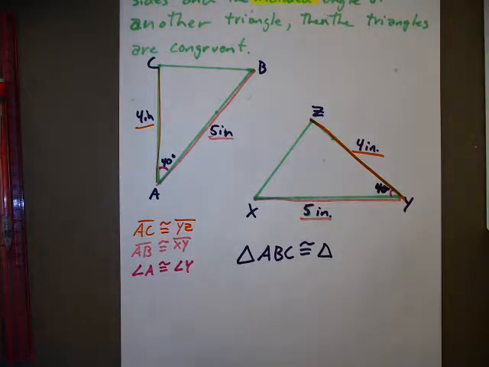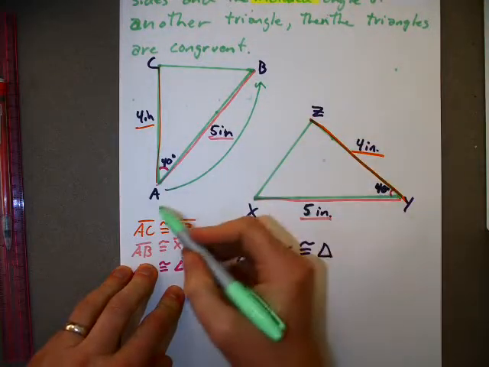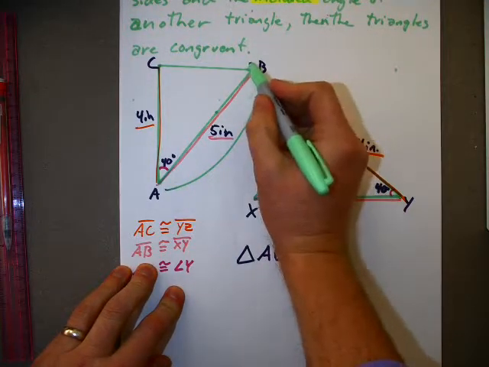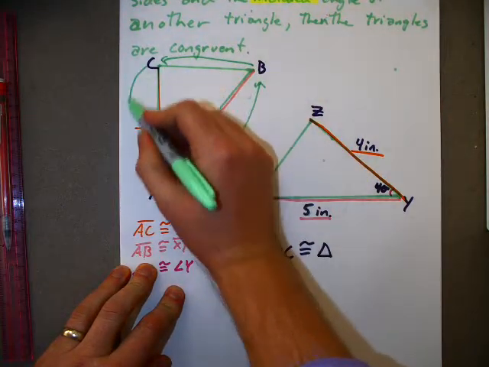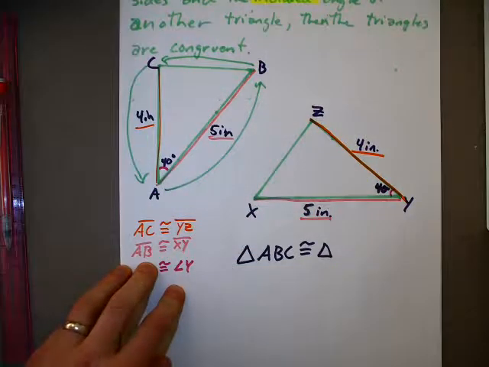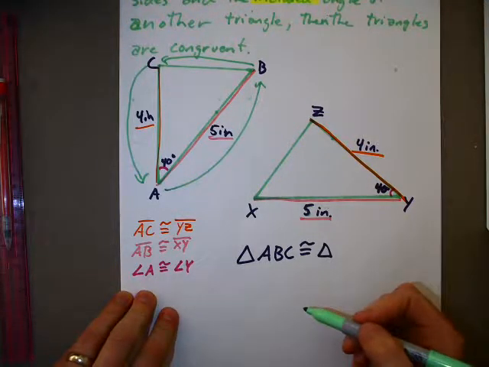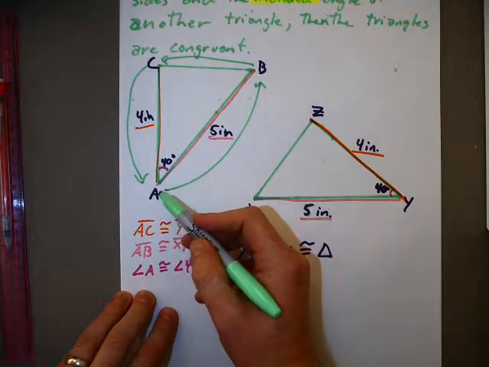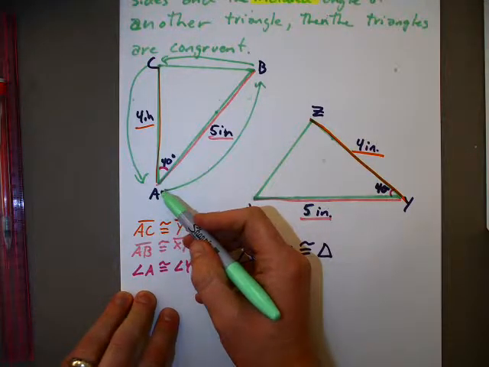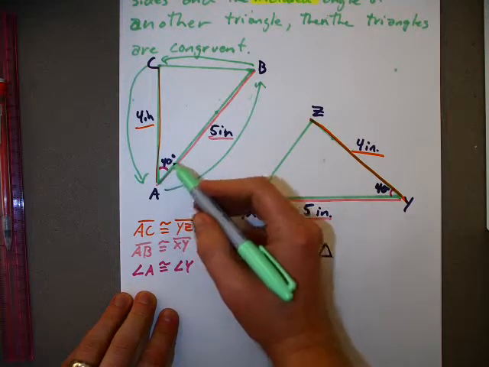I think last time we went over this, we showed that we started at A, we went to B, and that was over this 5-inch segment, and then from B we went to C, and then C went back to A. So we have to start with what vertex corresponds to the vertex A. And in this case it's actually easier because A is the 40 degree angle.